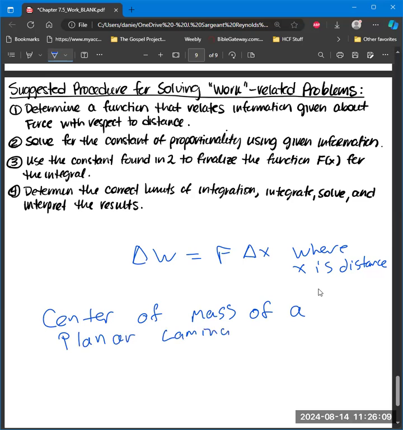Planar lamina are things that are infinitesimally thin. They're basically going to be in such a way where you aren't considering the depth at all because they're sliced so thin. So they're like a plane. So that's another application of integration that you need to know how to do.